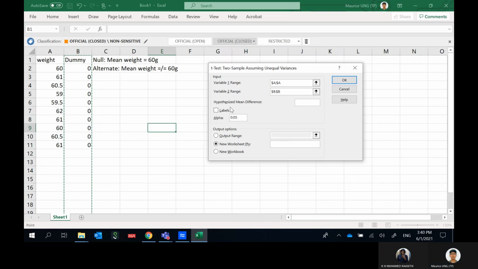For the hypothesized mean difference, you put the weight that you are estimating, so it's 60 here. You type it in yourself; you can't click it. Data analysis, go to the second last one. It's in alphabetical order. We have been doing data analysis for the last 3 weeks already.